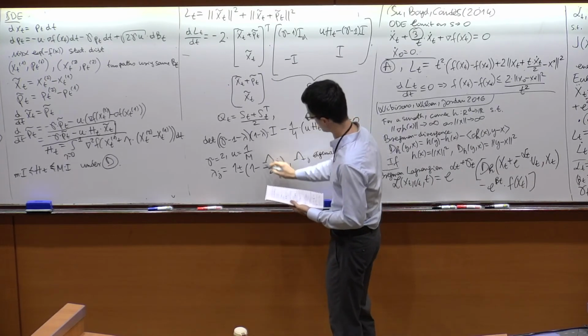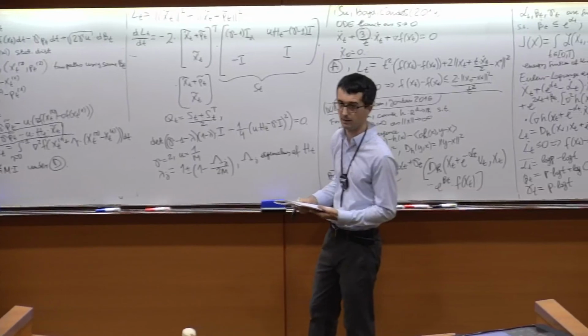So we know that capital Lambda_j is between small m and capital M.